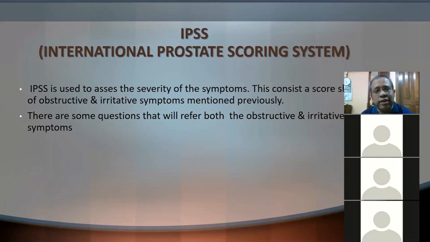There are some questions that refer to both the obstructive and irritative symptoms, then you calculate the score and can diagnose the severity of the symptoms and what the mode of treatment is. But these are more elaborately needed for postgraduate students. For your undergraduate students, you just need to know the name of the terminology is IPSS, that is International Prostate Symptom Score.